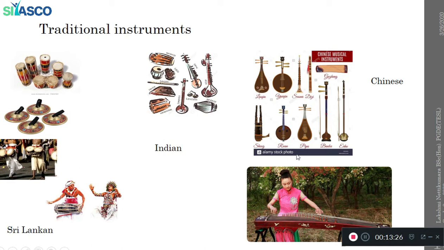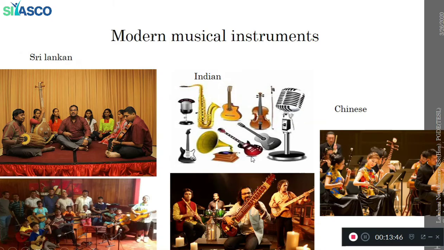If you study them carefully, they are developed versions of ancient instruments. Even in modern instruments we can see some similarities. Here are the modern musical instruments of Sri Lanka, India and China.